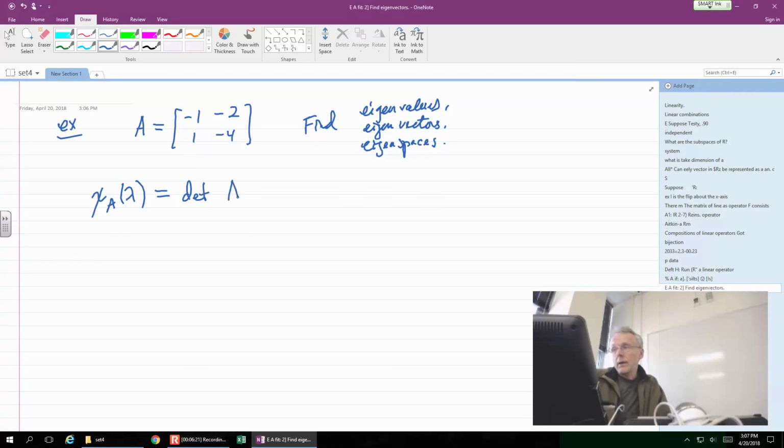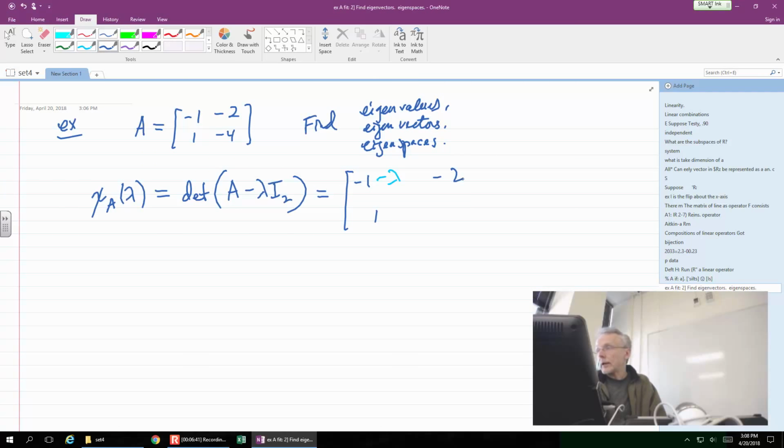of A minus lambda I, or I2, the 2 by 2 identity matrix, which is easy to form. You just write minus lambda on the main diagonal. So see what I'm doing here, like this, minus lambda. So it's the same matrix, 1, minus 2, minus 4, but then there is that extra term on the main diagonal.